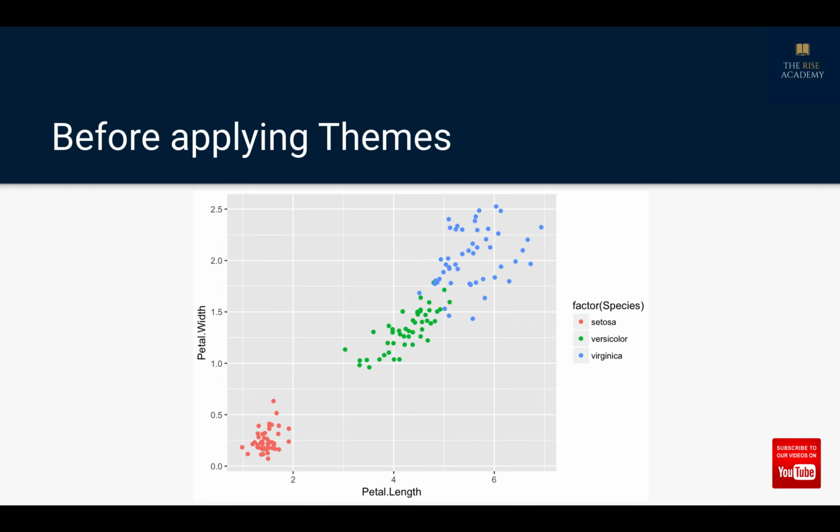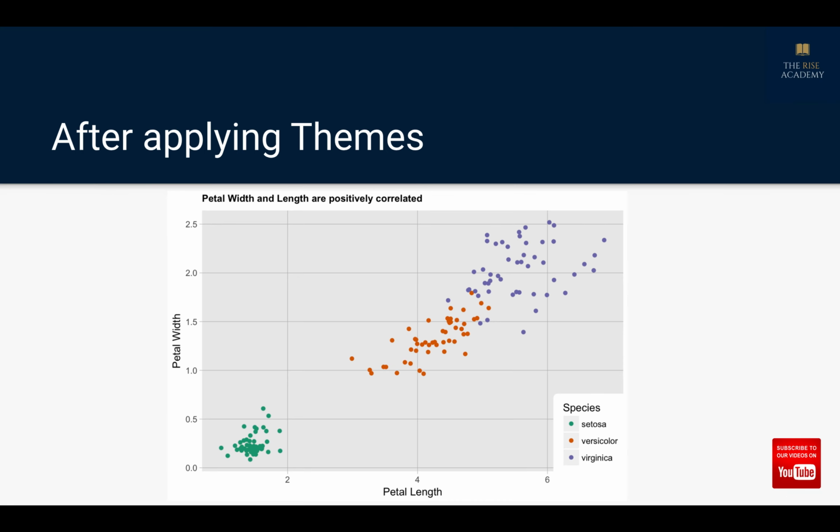Okay, so this is a plot where themes have not been applied, and this is just the very basic plot that comes up. And here is the same plot after we have applied themes and made some other adjustments to make it look a bit nicer and a bit more professional. We have the axis names looking better.